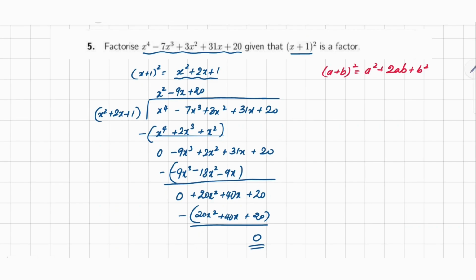Therefore, we can write this polynomial as x squared minus 9x plus 20 times x squared plus 2x plus 1 equals 0.